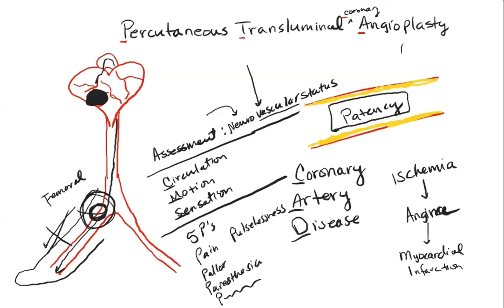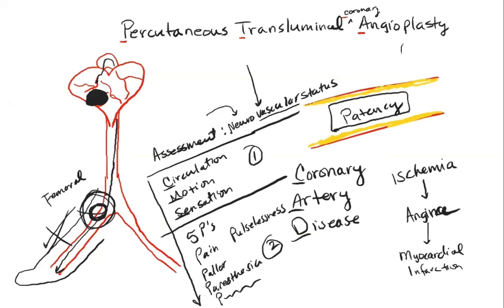So these two things, this number 1 and this number 2, they're describing the same thing. They're assessing the neurovascular status. I'm just giving you everything you may encounter in these questions in regards to these procedures and in regards to what we're assessing for. You have to understand a lack in any of these, meaning a lack in circulation, a lack in motion, a lack in sensation.